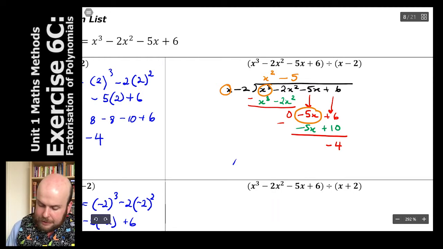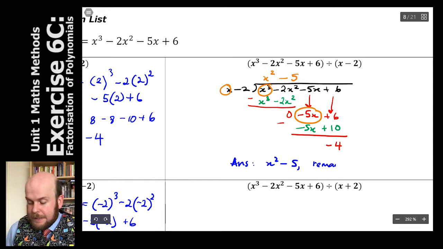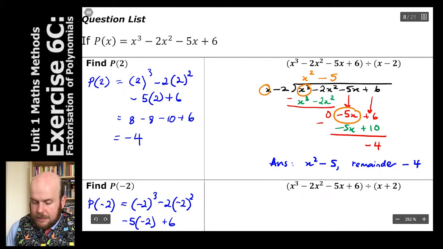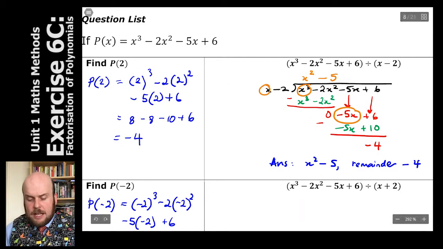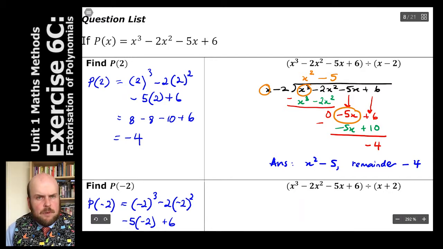So our answer is x squared minus 5, remainder negative 4. Now that's interesting. If I substituted a 2 into the polynomial, I got the answer of negative 4. If I divided this polynomial by x minus 2, I got a remainder of negative 4. Interesting.